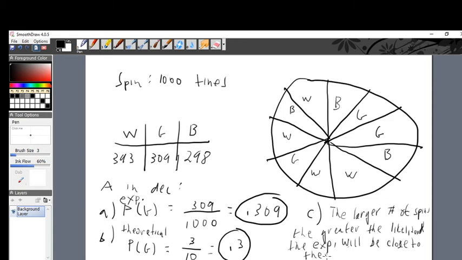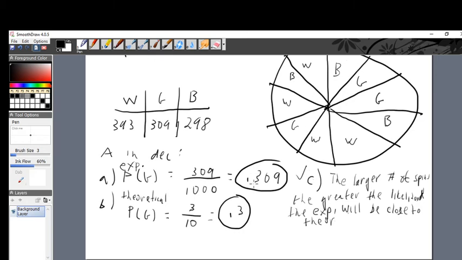And you pick that, that is true. The more you spin, the more likely you're going to get to 0.300 or 0.3. That's the true statement. So there'll be a couple of bogus statements, and that's the true statement that you want to pick for C.